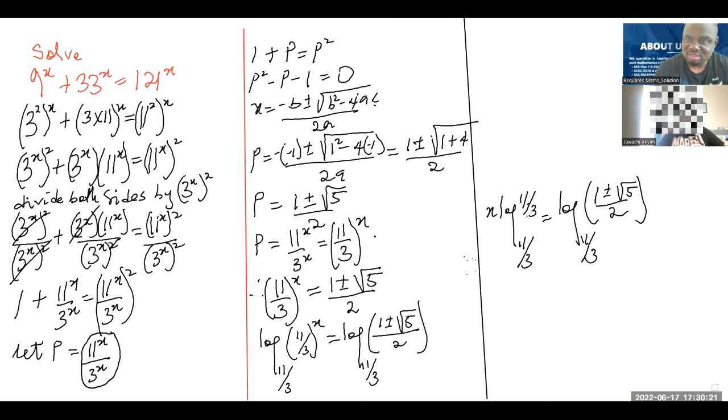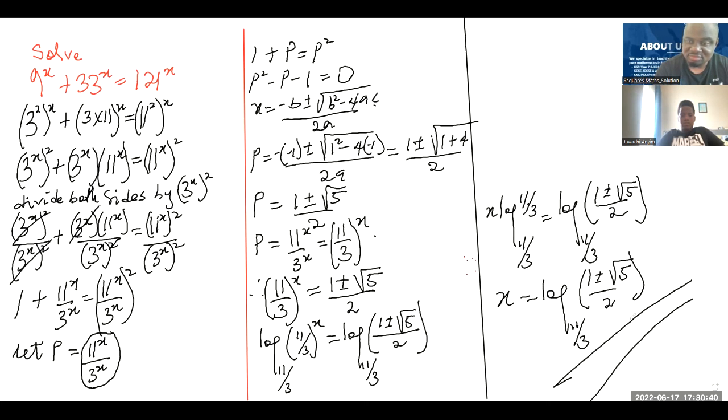So when the base and the index of a logarithm is the same, logarithm becomes 1. So we have x equals log base 11 over 3 of 1 plus negative root 5 all over 2. Final answer.